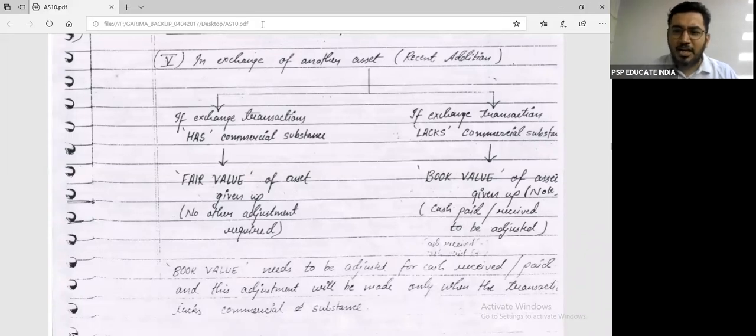Now quickly on the chat box, is Chroma doing any kind of social or charitable activity? Yes or no? Of course, it is not doing any kind of social or charitable activity. It is doing business.